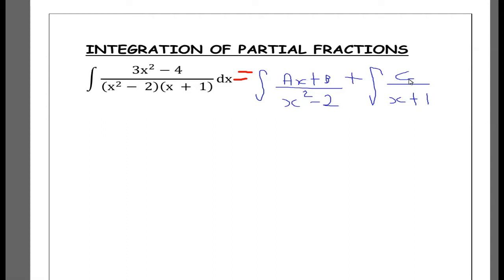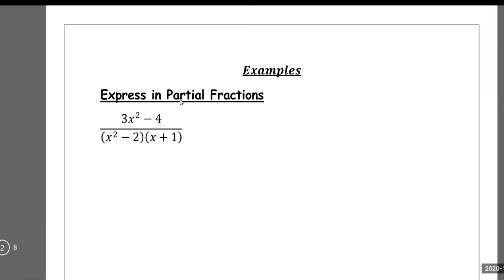So we're going to go to partial fractions first, and then we come back to integration of partial fractions. But before we can integrate it, we need to be able to separate this into partial fractions.